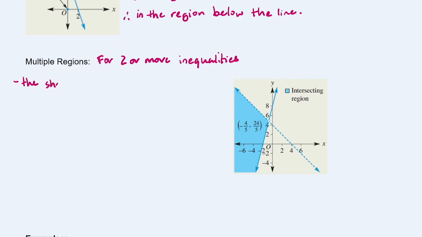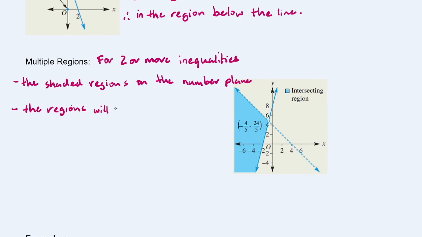You'll have the shaded regions on the number plane, as shown in our diagram there. What happens is the regions will overlap, and then this overlap will form an intersecting region.